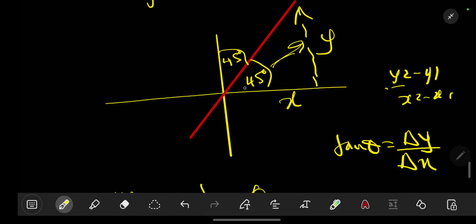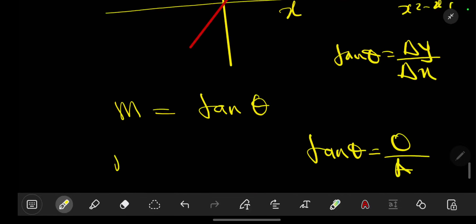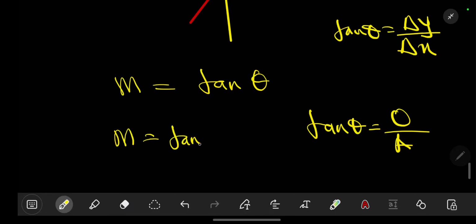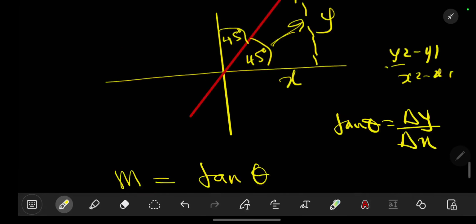Now for this line, it is 45 degrees, so the gradient will be tan of 45 degrees. This is a special angle, so tan of 45 degrees is just equal to 1. So that's the gradient.